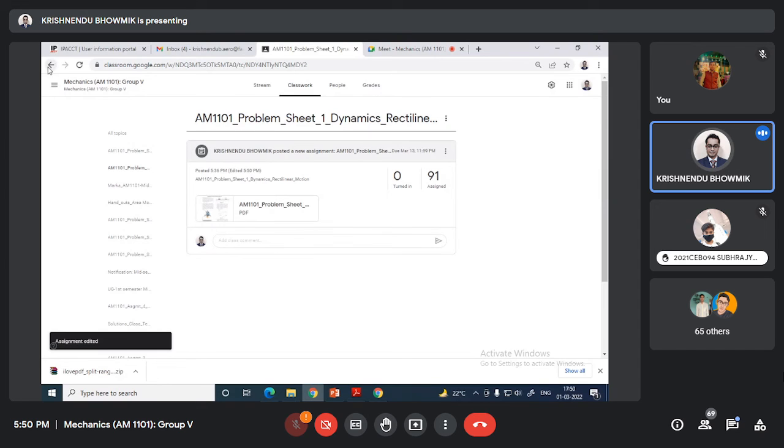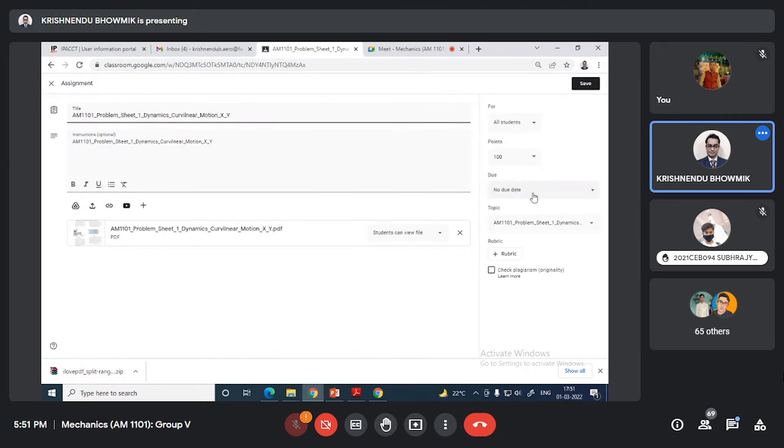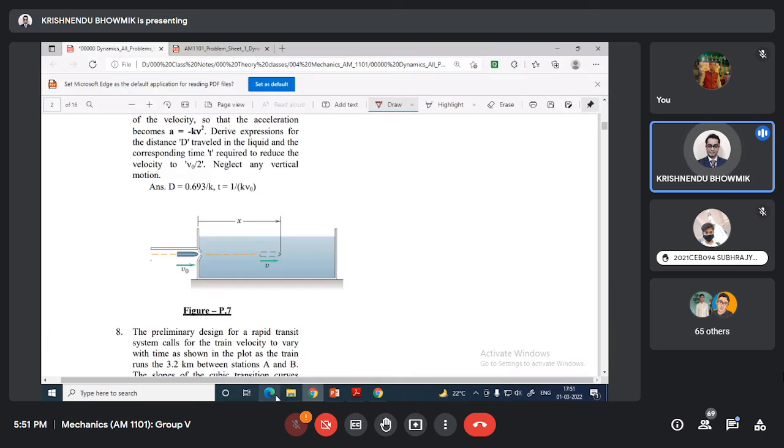Then this was curvilinear motion. Marks is 10. Okay, updated. Now I'll solve only one problem before I want to leave for the day.